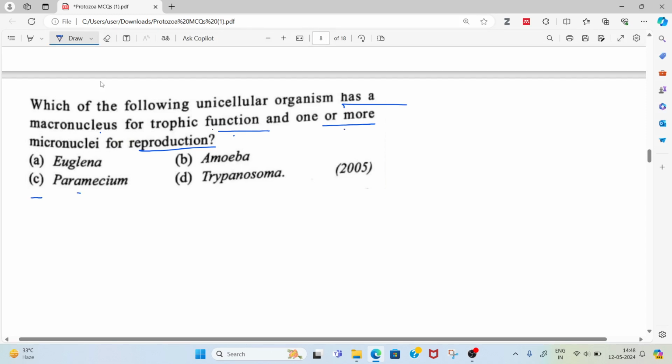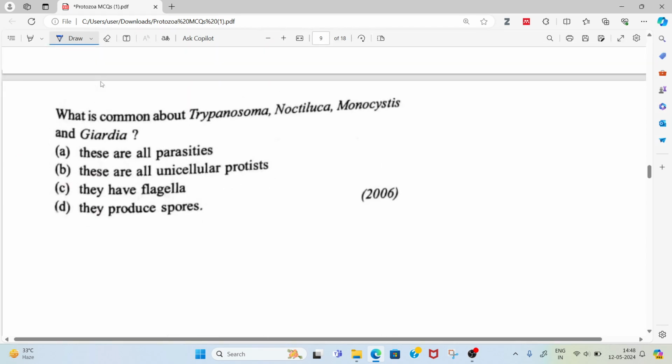It is a very easy question. The answer is Paramecium. Next question, what is common about Trypanosoma, Noctiluca, Monocystis and Giardia? Option A, these are all parasites.